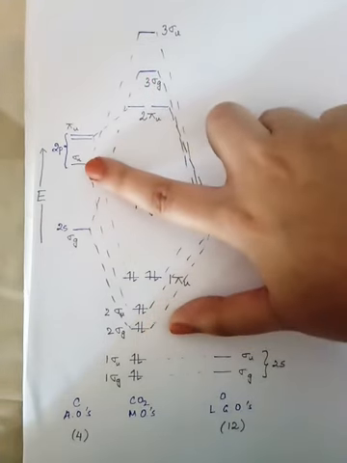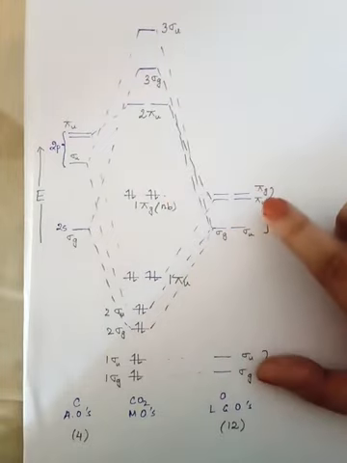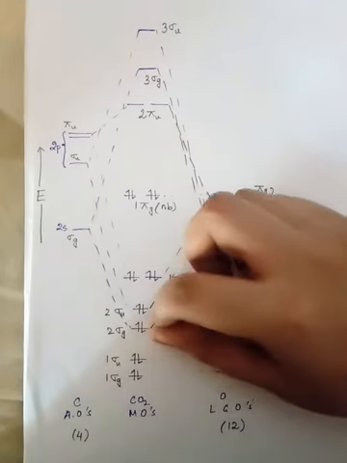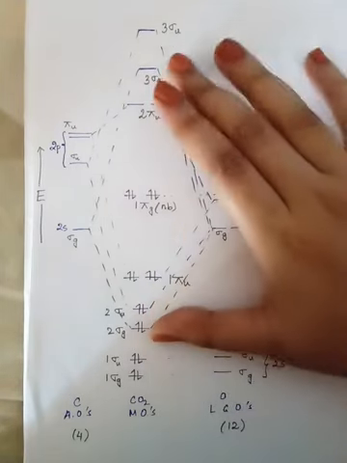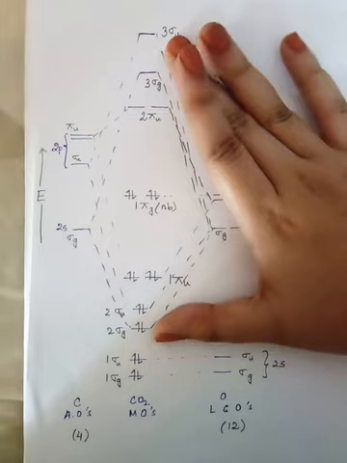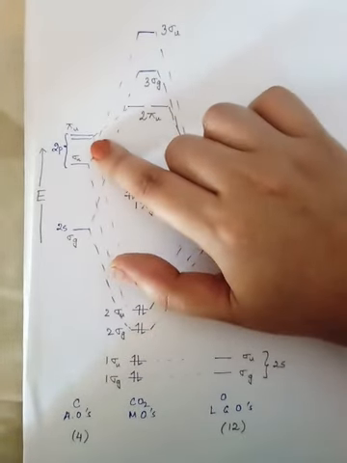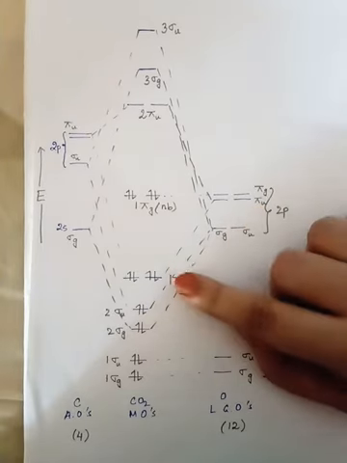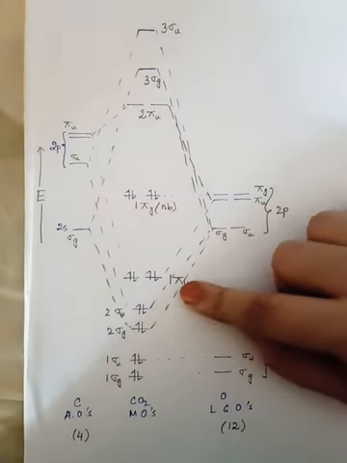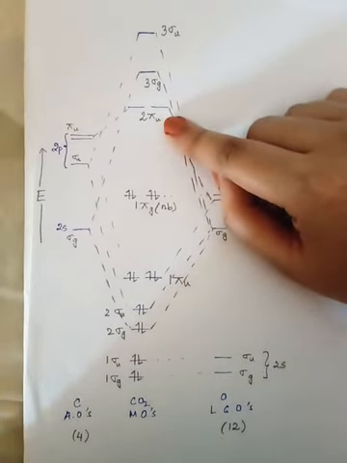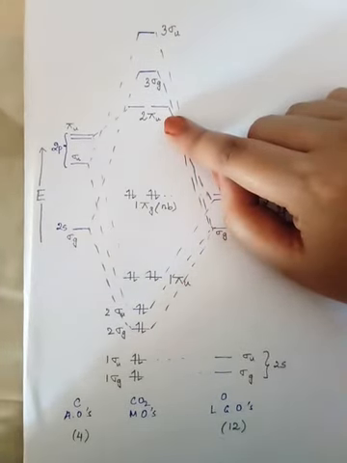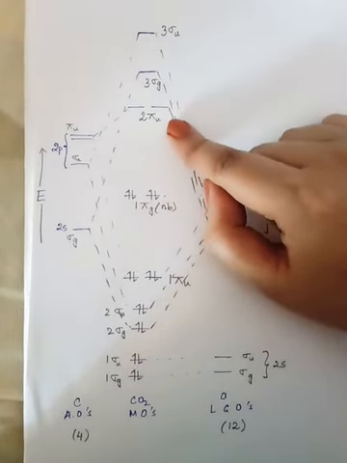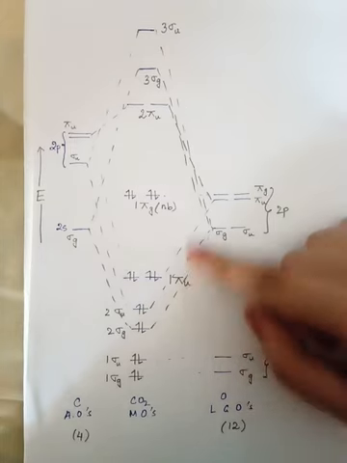Here again the sigma u will undergo overlap with sigma u here to give rise to a sigma g, which is the bonding orbital, and a sigma u, which is the anti-bonding orbital. And here the pi u will undergo overlap with the symmetry-matching pi u over here to give rise to 1 pi u, which is the bonding orbital, and the anti-bonding 2 pi u orbital. Instead of writing these just as pi u, pi g, they can be written as pi and pi star.